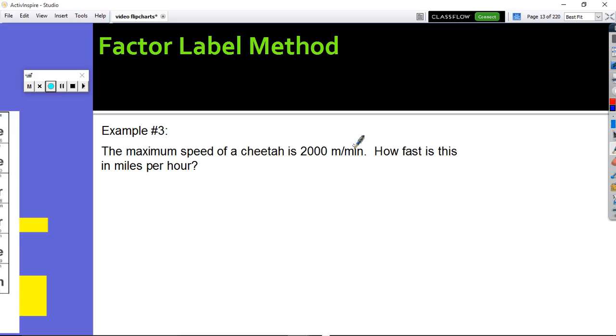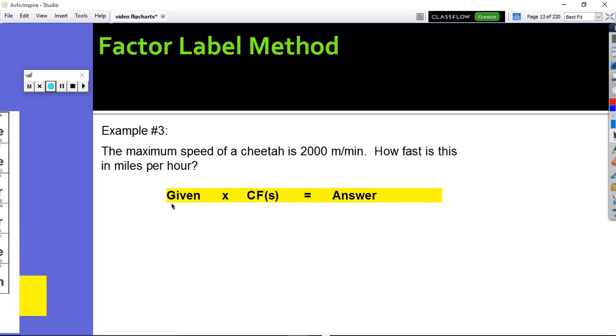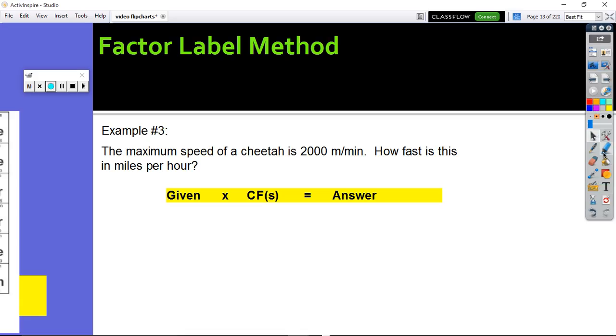Well, the first thing we should think about is that in the past, we've always done given times conversion factor equals answer. But the reality is, sometimes we need more than one conversion factor in order to get to the answer. Now, we need to try to find a relationship.